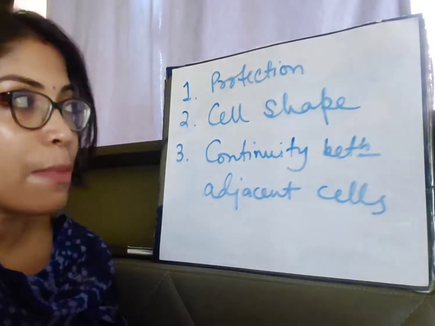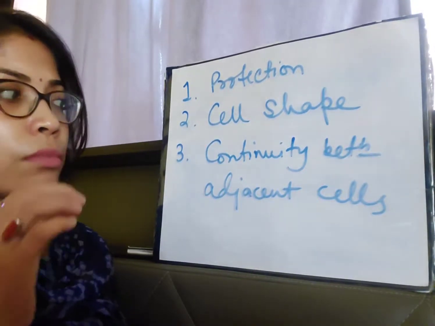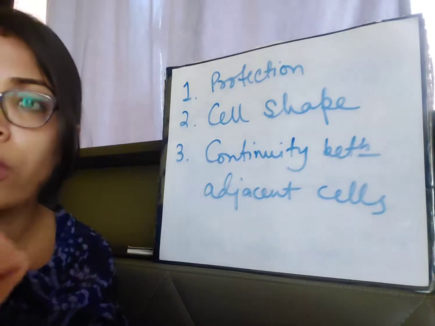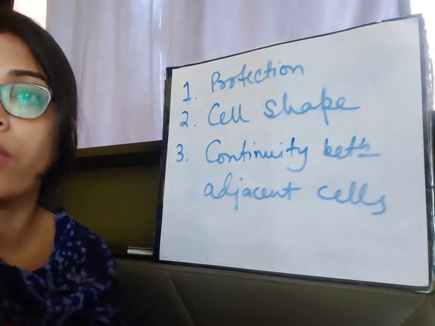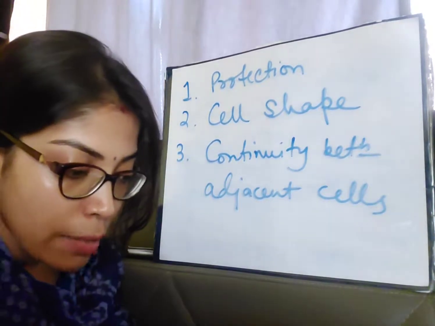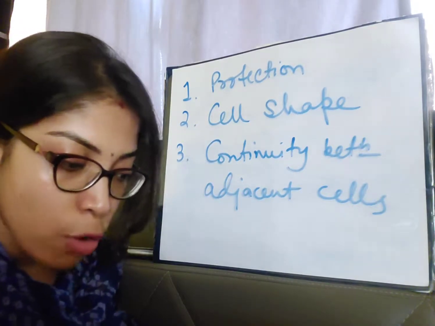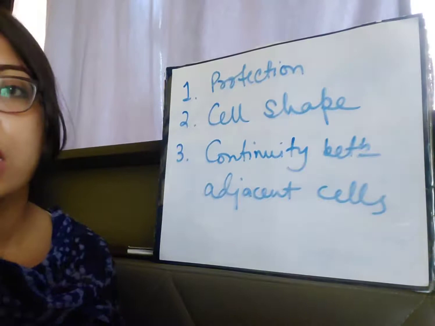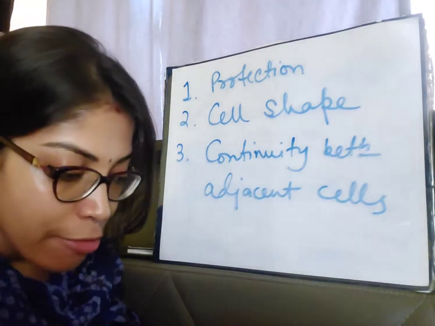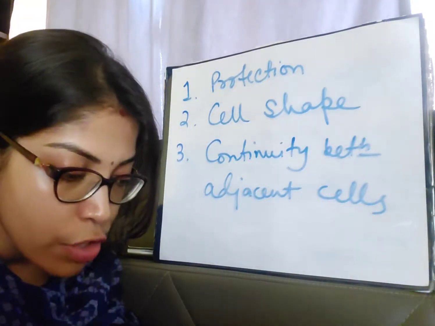So plasmodesmata are basically the bridges or connections between two adjacent cells through which they allow the circulation of fluid and also the exchange of solutes and certain molecules. And finally, helps in interchange of substances.